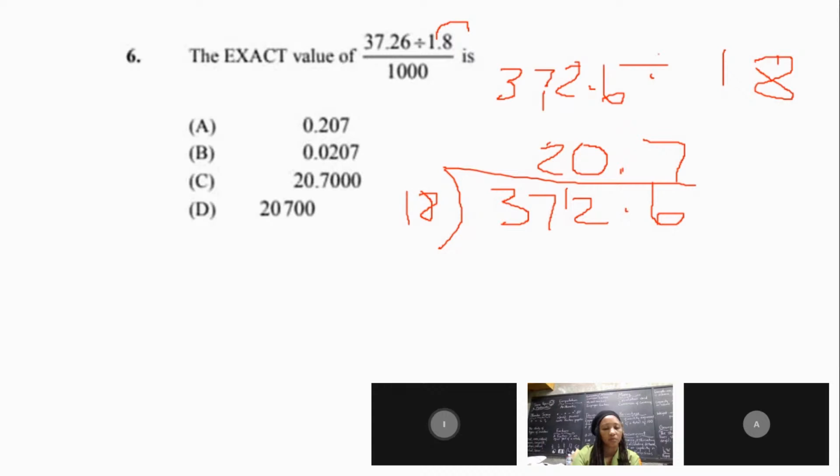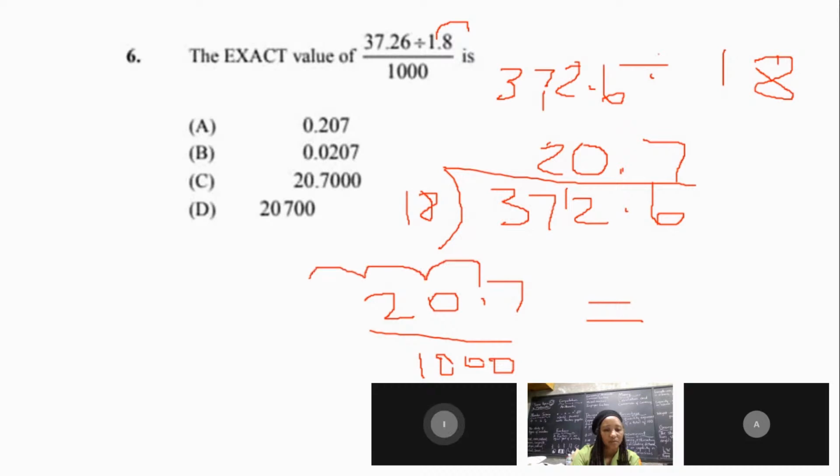So 20.7. And then 20.7 divided by 1000 would give you three places back. So it's 0.0207, which is B.